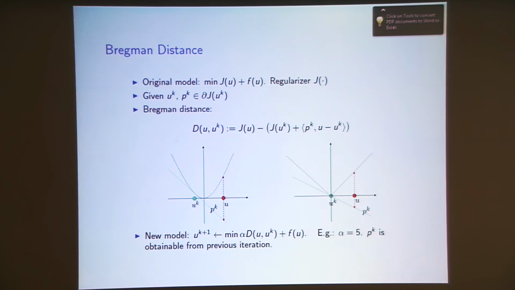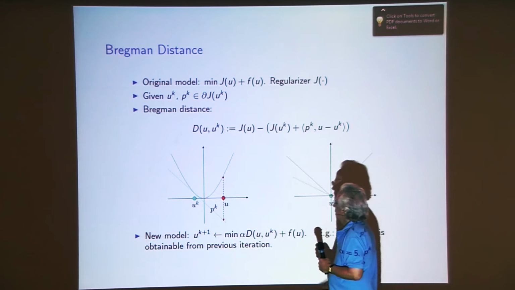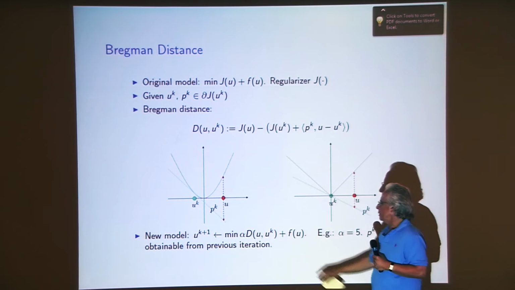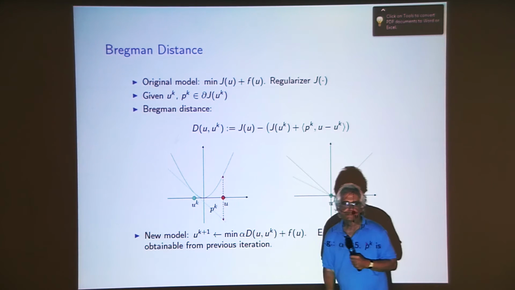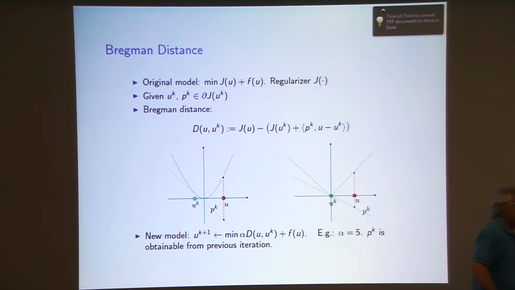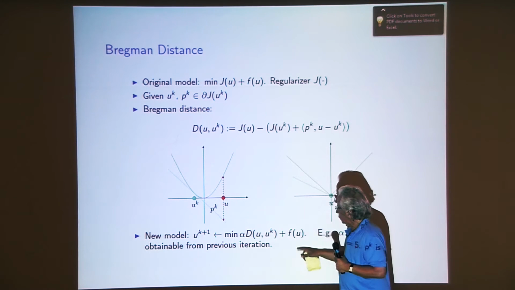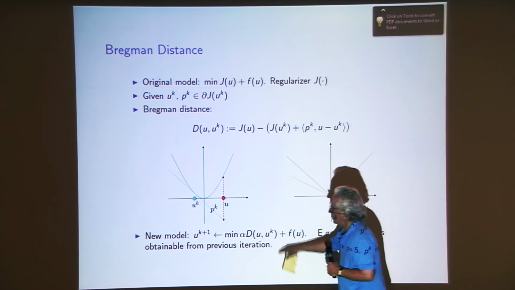Anyway, what we want to do, instead of minimizing J of u plus F of u, we're going to minimize a sequence: alpha times the Bregman distance plus F of u, where you have a solution of a previous iteration, and then you get the next one. Okay, that's what you do. And that, if the stars are aligned properly, will give you the minimizer of something which minimizes F of u, and which has very nice properties.